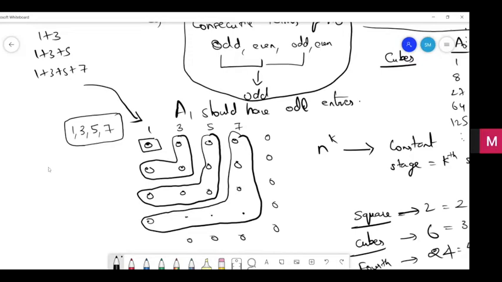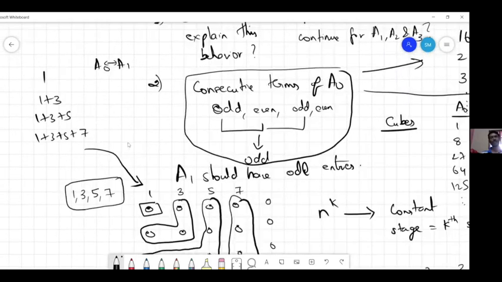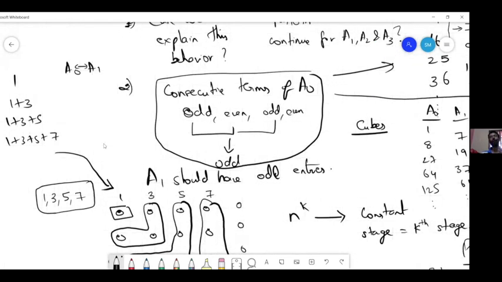So this also explains that because it's a square, the difference is always odd numbers. Okay. Right. So now we have actually explained why A1 is the way it is, right? And once you understand A1, then A2 and A3 will also naturally follow, right?